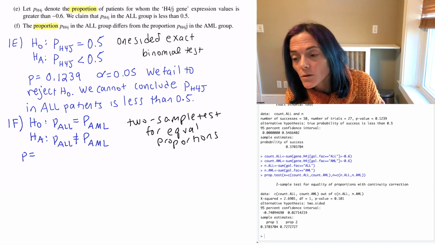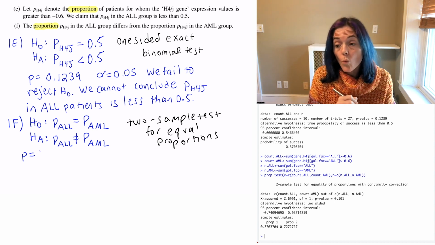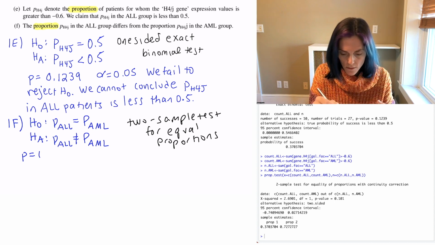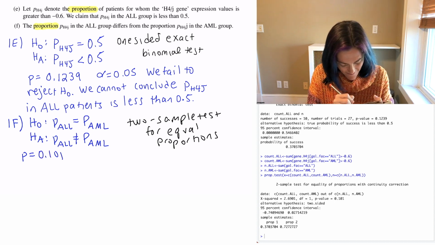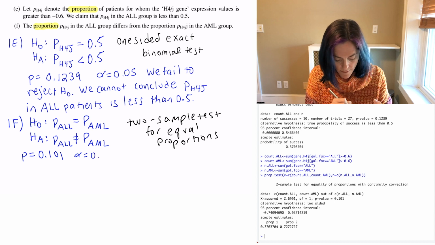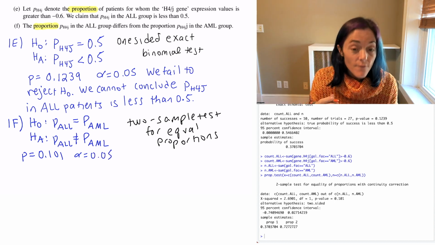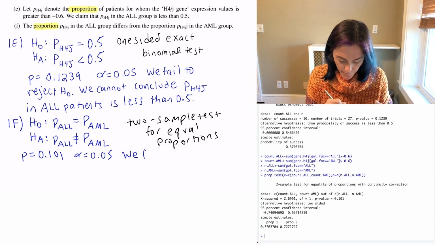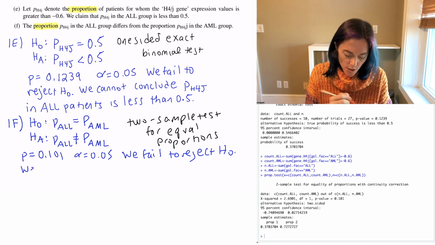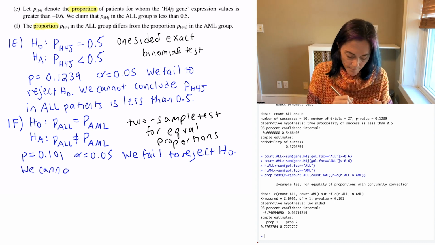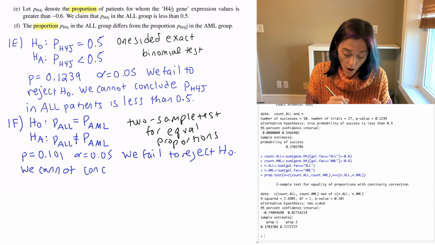Our p-value is 0.101. Once again, if we use alpha is 0.05, we fail to reject H0. And so we cannot conclude that these proportions are different.